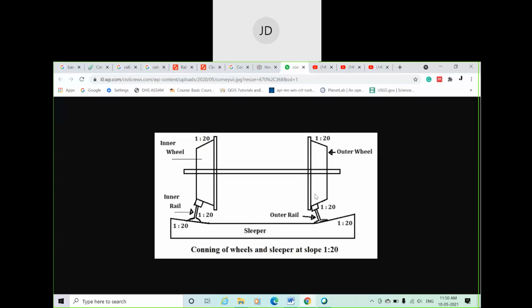Okay, what is the advantage of this? By tilting the rail, the point of contact between the rail top surface and the wheel tread is maximum. Now, imagine a vertical rail. I'll draw a vertical rail here. If I place a rail like this, vertical, the point of contact is only this much.